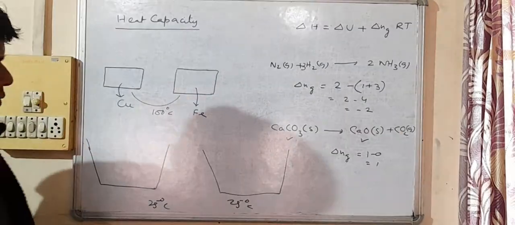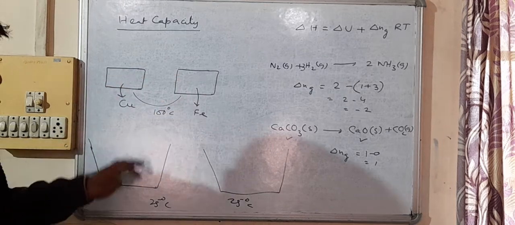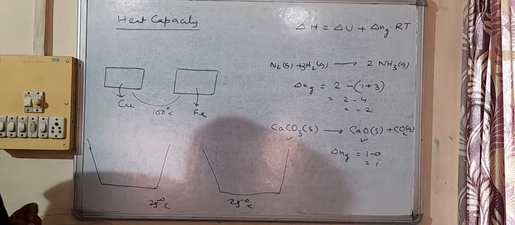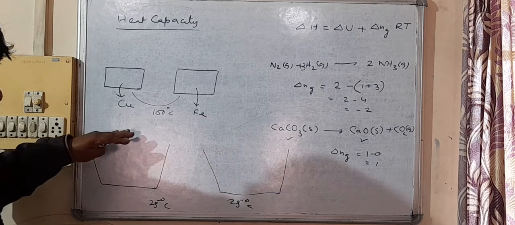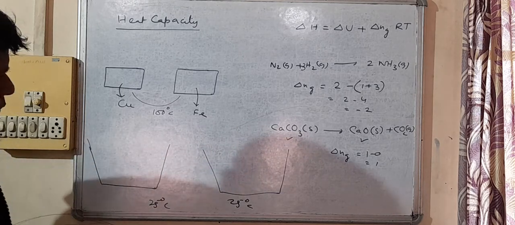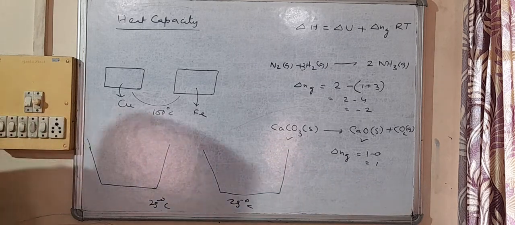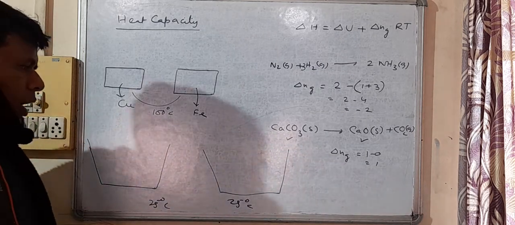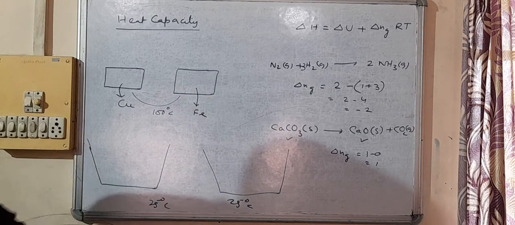When this hot body is kept here, now tell me, what do you think? Will there be the same rise in temperature in both cases? No, the temperature will not rise to the same extent. In one case there will be more rise in temperature, in the other case less rise in temperature.